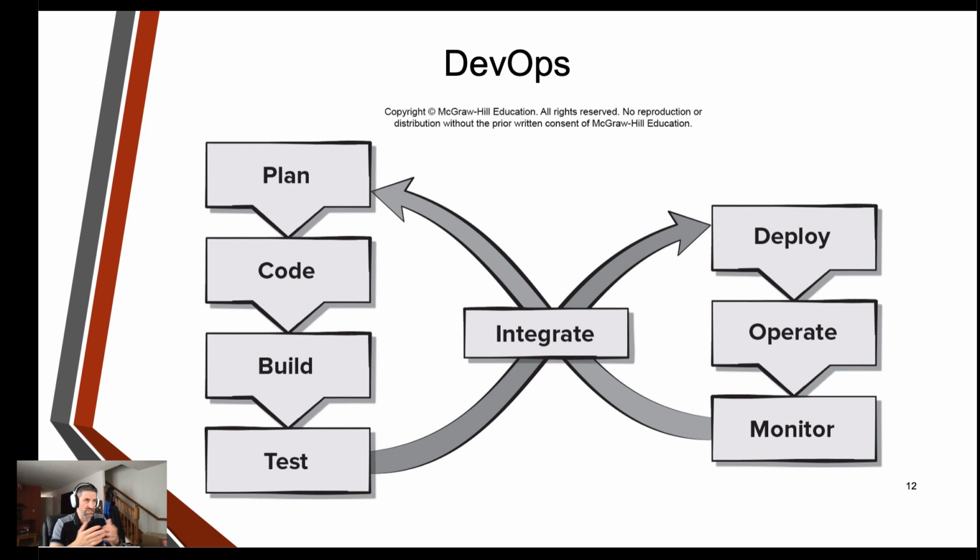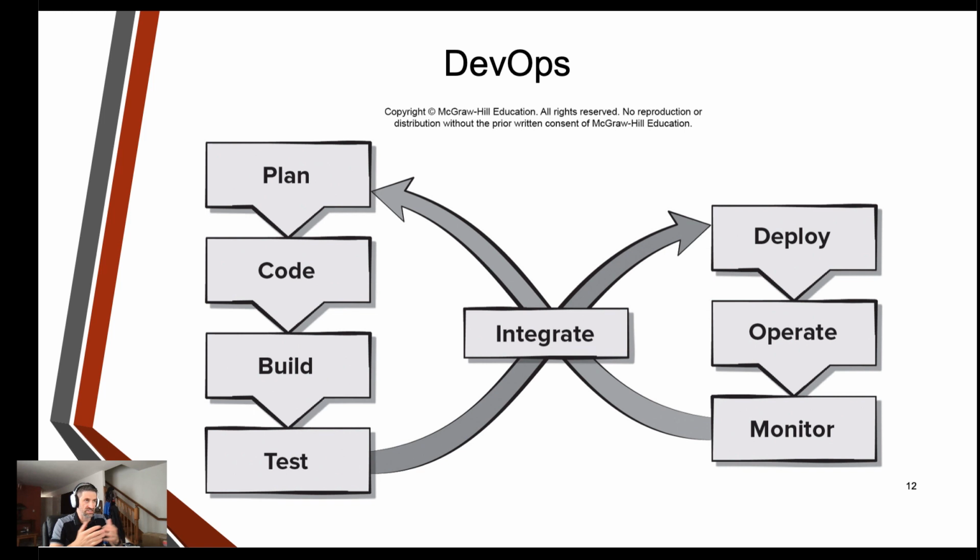Because what operations was handling is ensuring the code goes to production, that's secure, monitoring it, deploying it, all of those things. If we have this team who has an awareness of all the development processes as well as all of the operation processes, we can create this symbiosis that allows us to kind of go back and forth in between them. And this actually makes things faster.